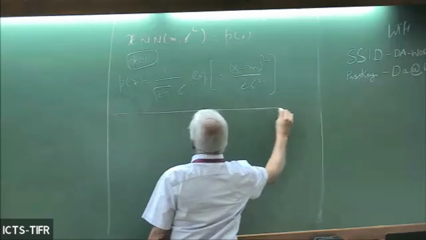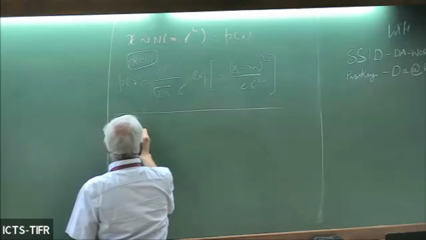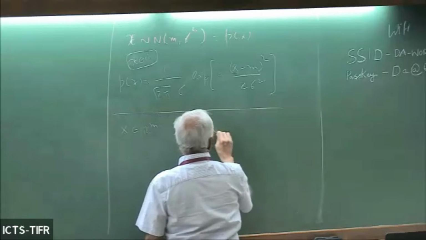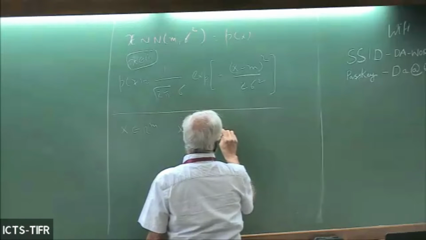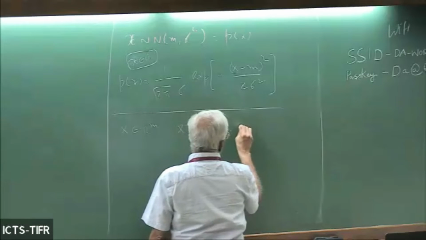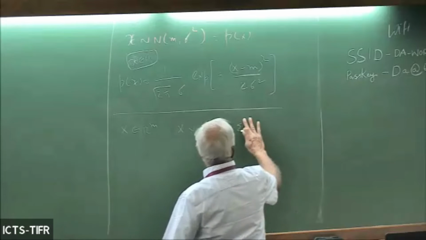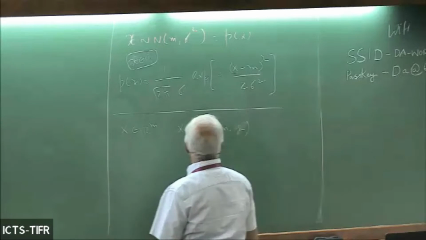When x is a vector in R^m and x belongs to normal with mean m and covariance R, I'll use the same notation. What does it mean?